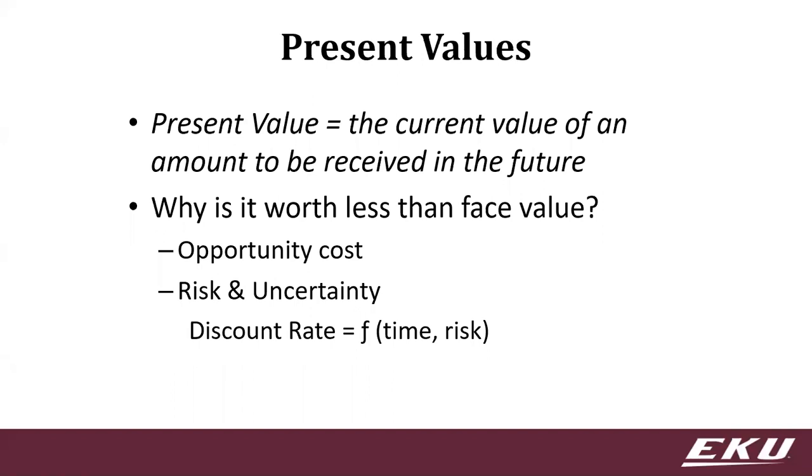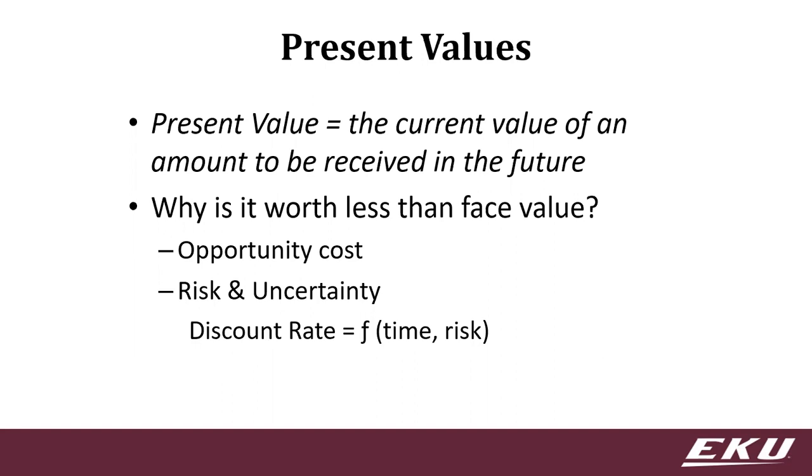For the present values themselves, the present value is what we would receive today. Right. And the reason it's going to be discounted could be lots of different reasons. One's the opportunity cost. I could take the money and put it somewhere else. And then the other thing that we'll talk about a lot is the risk and uncertainty, because in finance, we talk a lot about the risk exposures that we have.